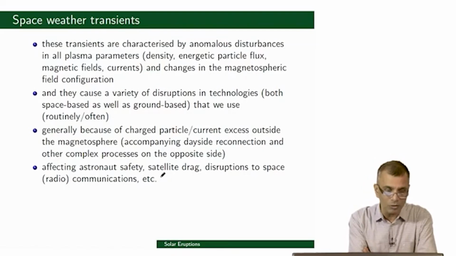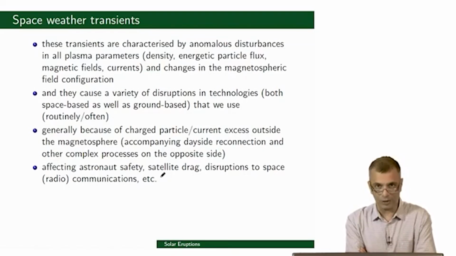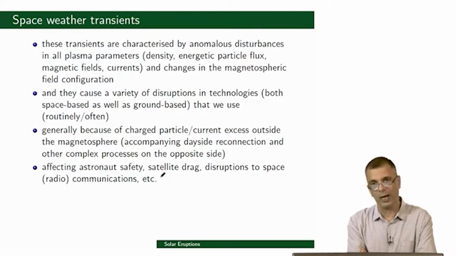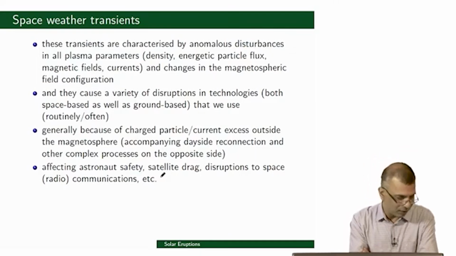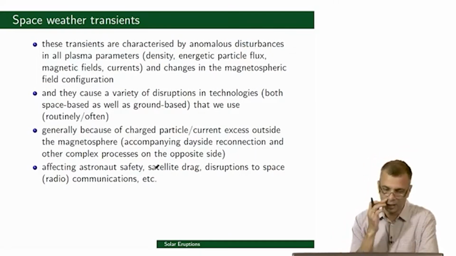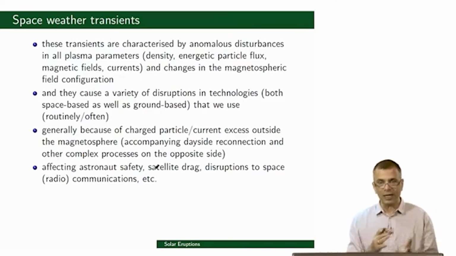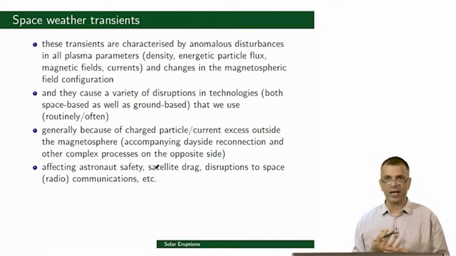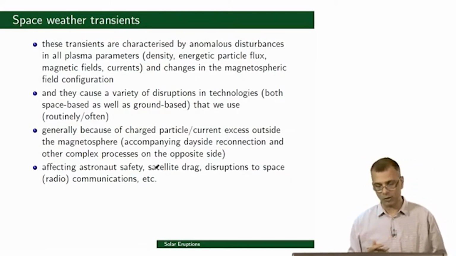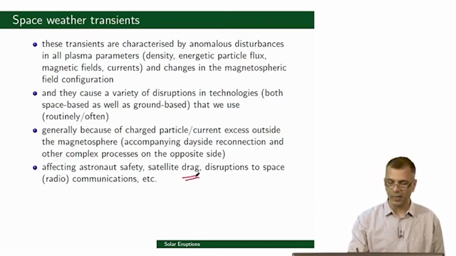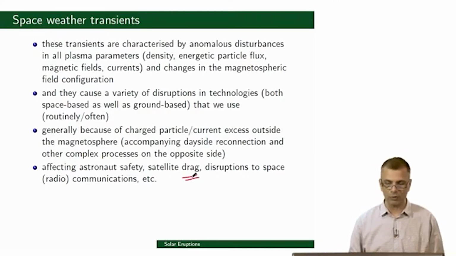They are wearing safety suits, but nonetheless, if there's an expectation that there's going to be a large space weather event, then this is, so to speak, bad weather for the astronaut. This is almost certainly fatal, so you should be very cognizant of that. Changes in the density or energetic particle flux around a satellite affect the drag experienced by the satellite, and most of the time it enhances the drag, and so it reduces its life.